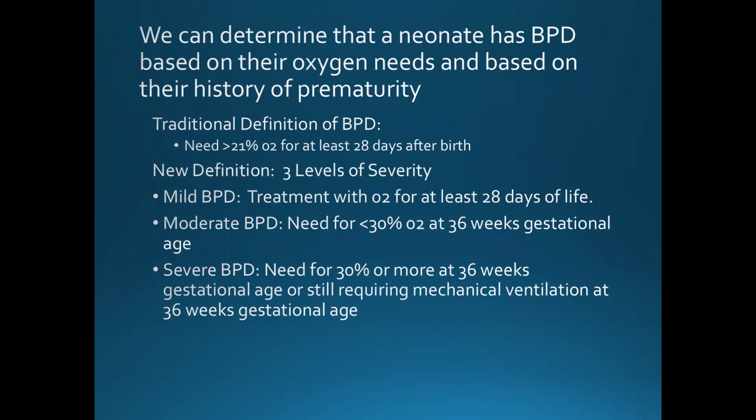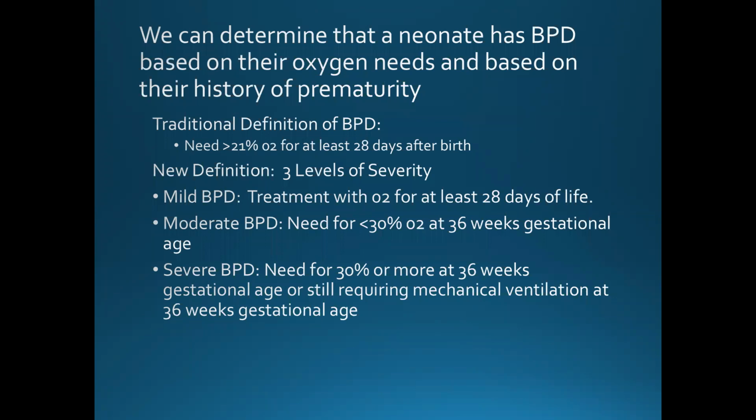Moderate BPD, they need more than 30% FiO2 at 36 weeks gestation. And severe BPD, their FiO2 is 30% or more at 36 weeks, or they're still requiring mechanical ventilation at 36 weeks of gestation.